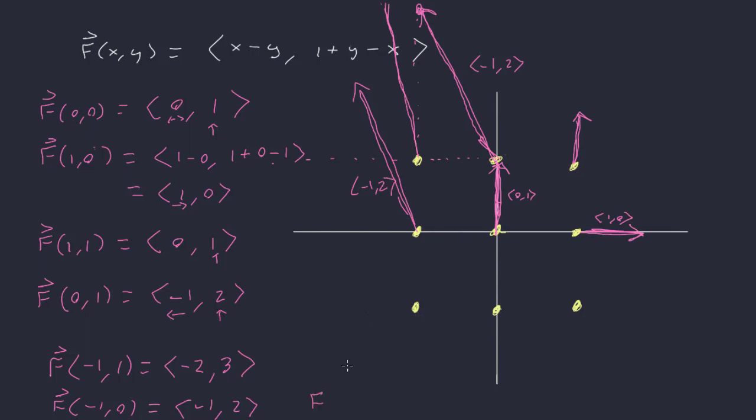All right, and I'll go ahead and do the next 3. Negative 1, negative 1. Here we'll get a negative 1 minus a negative 1, so that should come out to be 0 in the first coordinate. And then here I'll have negative 1 plus a negative 1. That will also be another 0, so we get 0, 1.